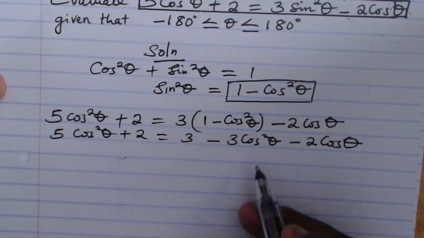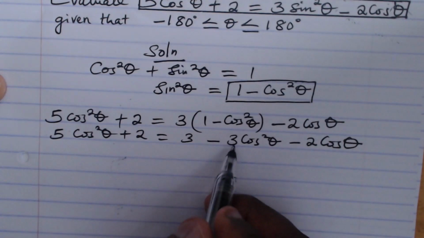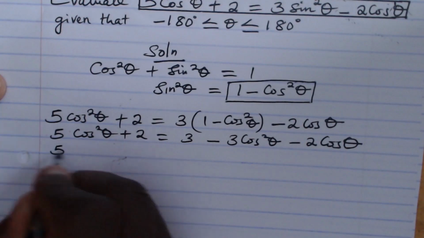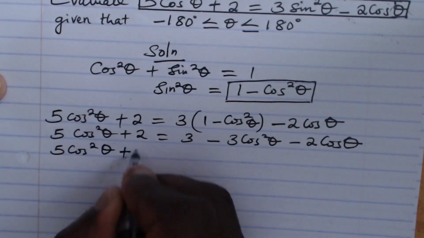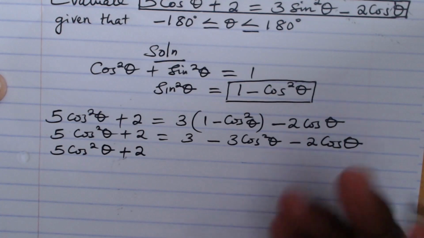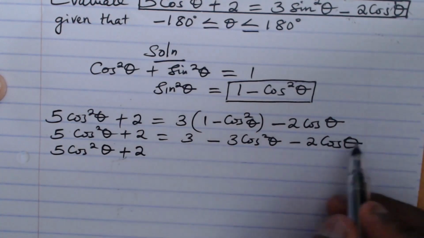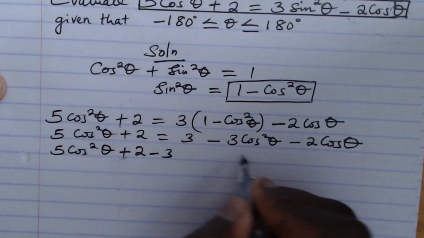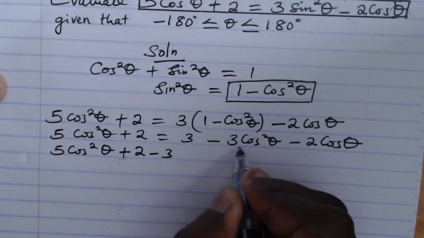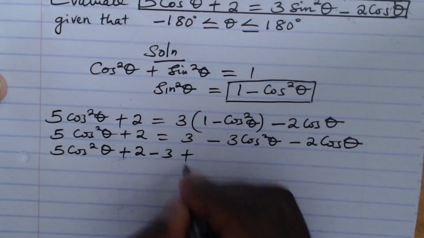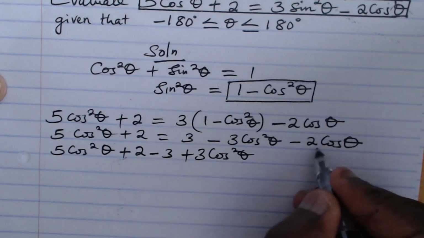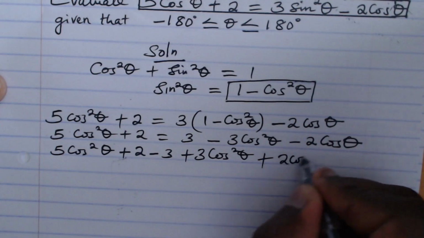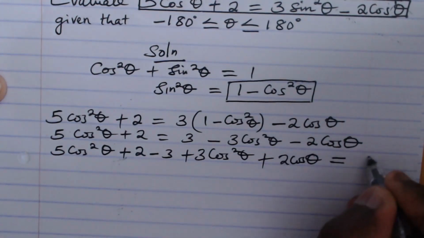Now the only thing we need to do is reorganize the whole thing by collecting like terms together. I want to bring everything from the right hand side to the left hand side: 5 cosine squared theta plus 2. Negative 3 becomes plus 3 when moved across, negative 3 cos squared theta becomes plus 3 cosine squared theta, and negative 2 cos theta becomes plus 2 cos theta, and on the right hand side I remain with 0.